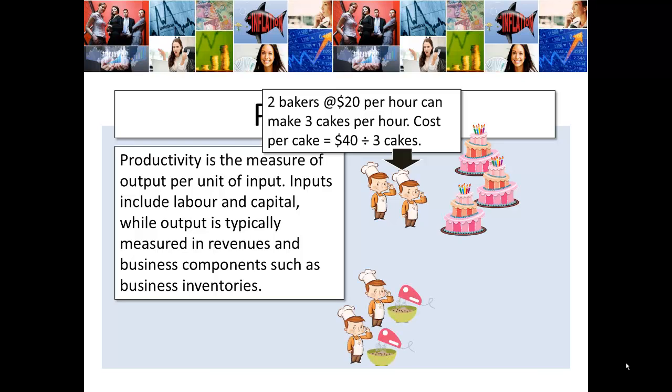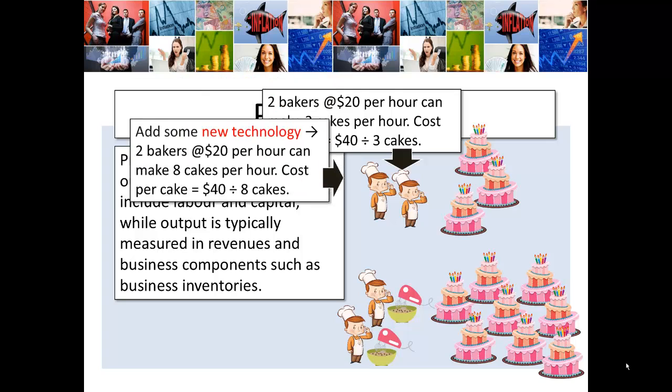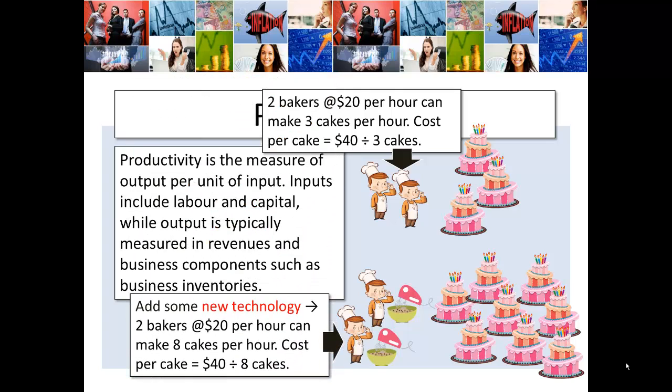Give our 2 bakers a little bit of technology and suddenly they can produce a whole lot more cakes. The same 2 bakers, they're still being paid $20 an hour. Now they can make 8 cakes per hour. Productivity has increased. Productivity increasing has caused the cost per cake to fall. So now that $40 per hour is being used, it's the cost of making 8 cakes.